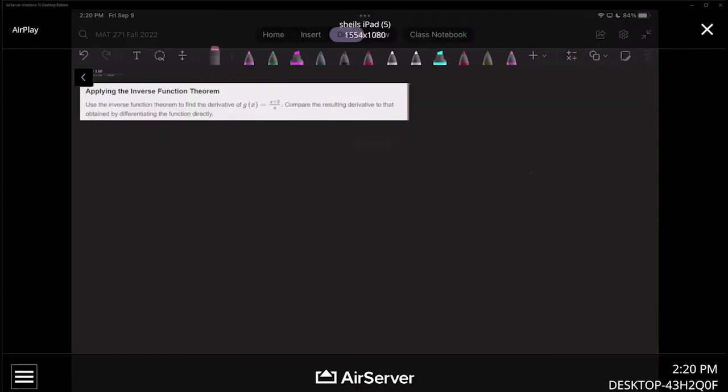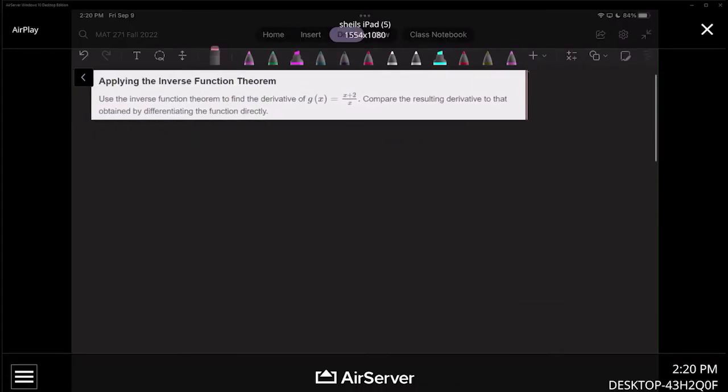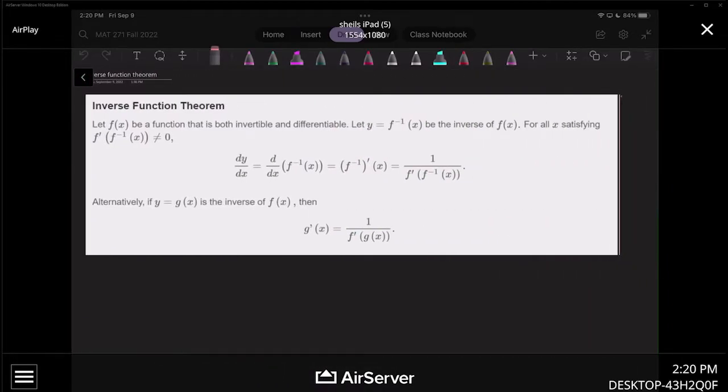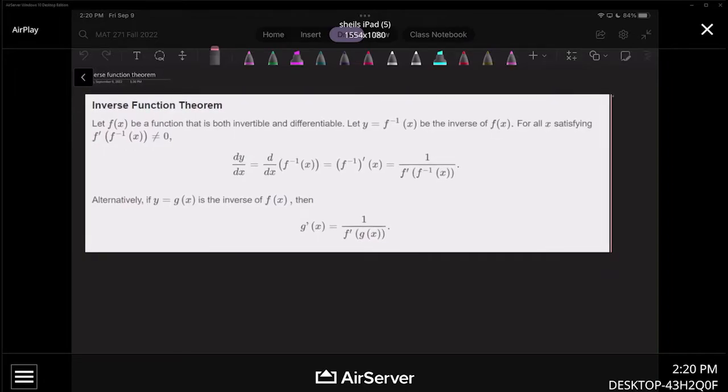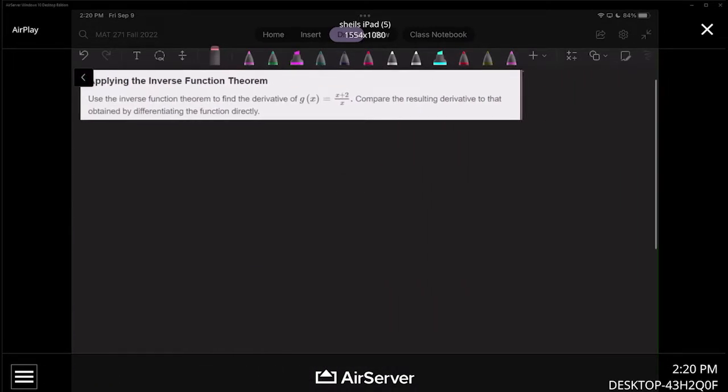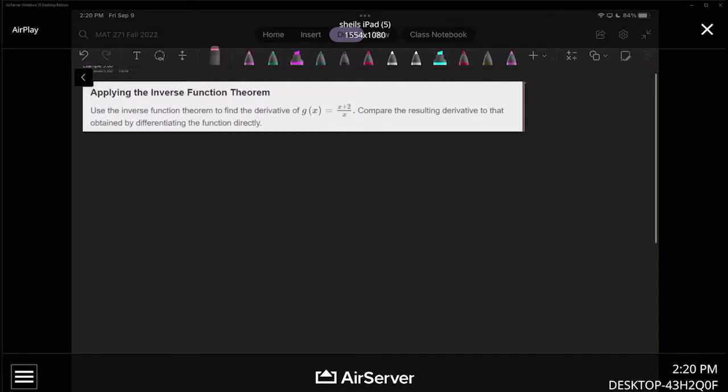So, in this case, we are given the inverse function. In this last definition, we are told that if y equals g of x is the inverse of f of x, then we can use the following formula. So this function is the inverse of some function.